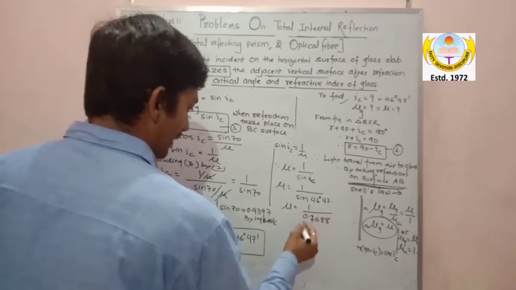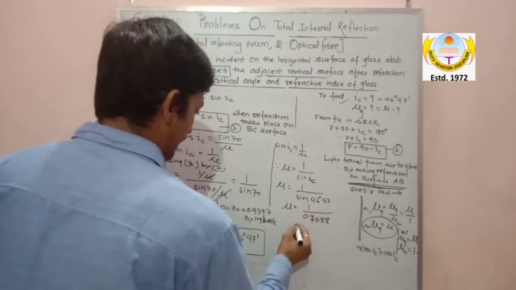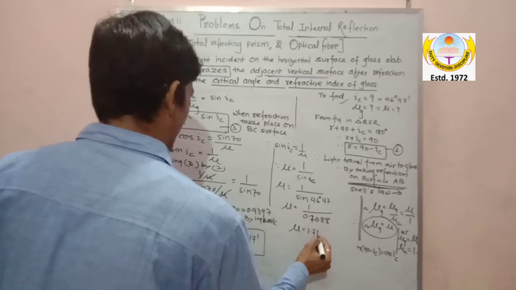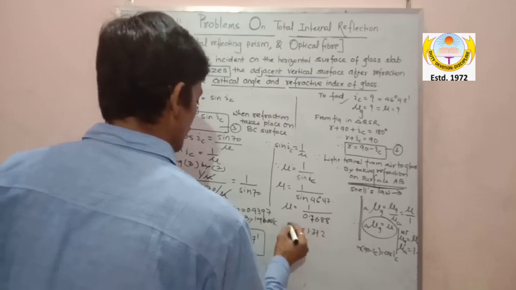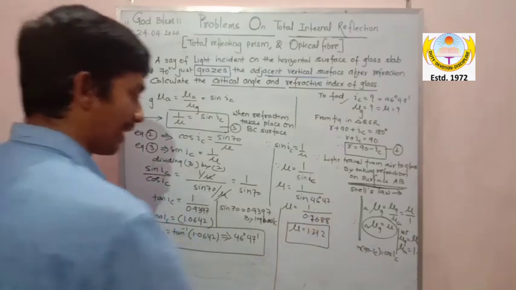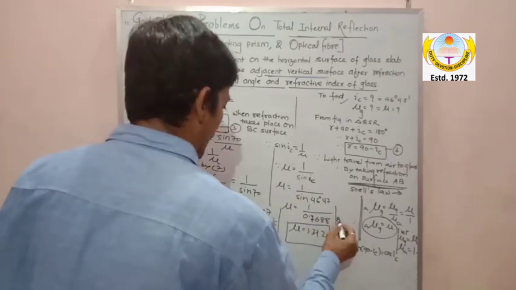And therefore, when I reciprocate this, it will be 1.372. So I got the value of mu, and again, this reciprocal also you will calculate by the logbook.